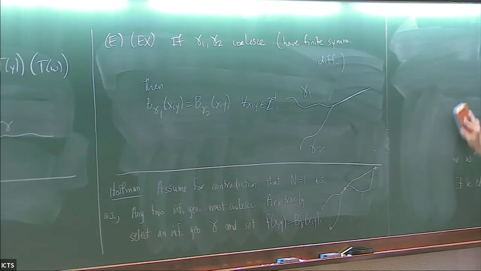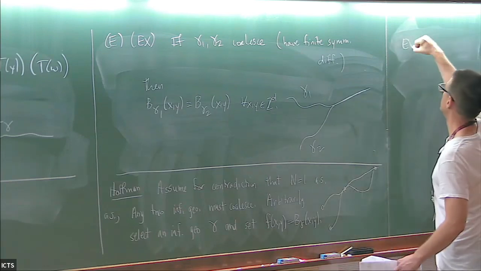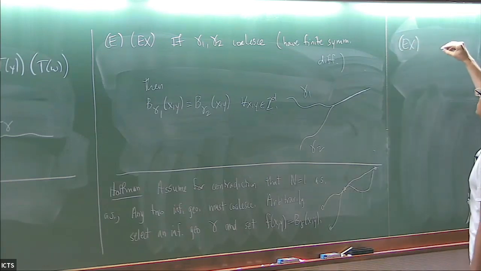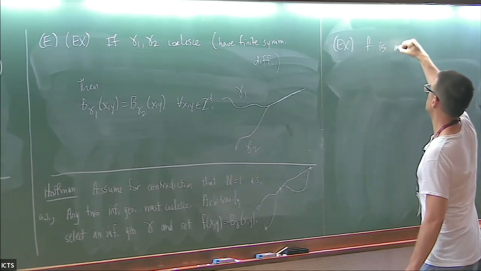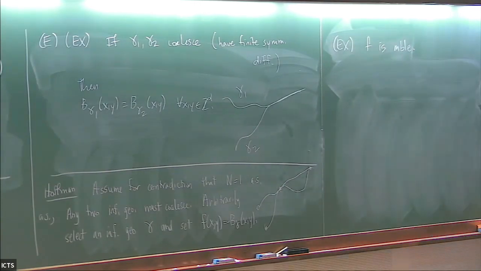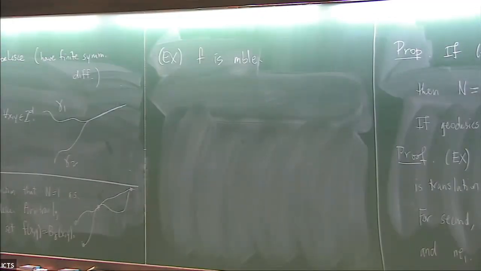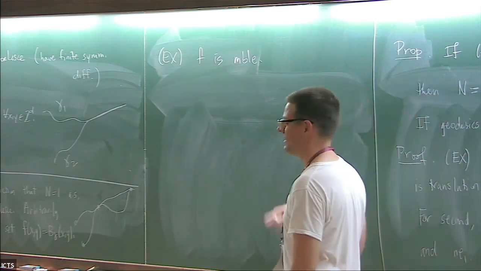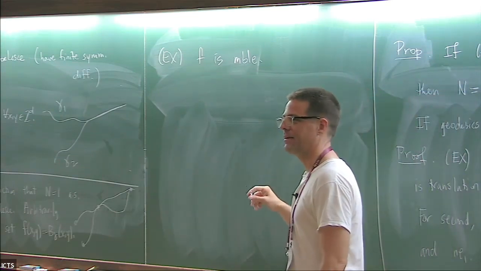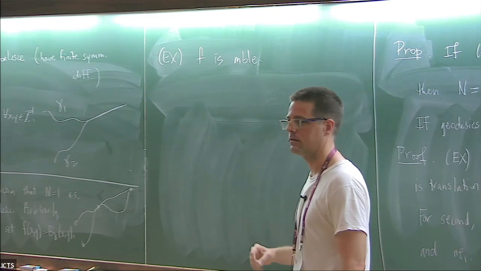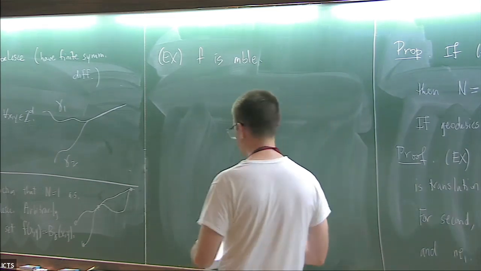The other one, n being measurable, is maybe less interesting, but this one is more interesting: f is measurable. Hoffman does not check this, but I think it's important. He must know that it's true, but often these arguments are not given. But anyway, it's an important point.